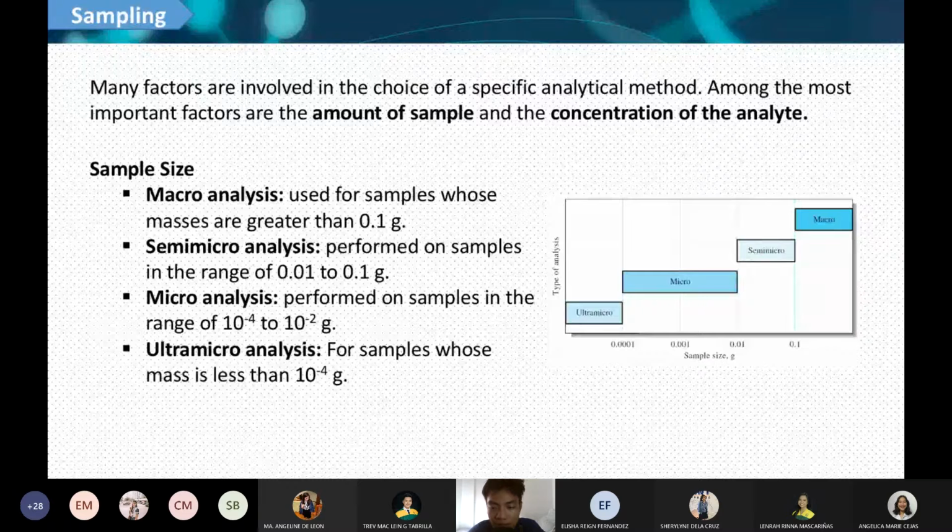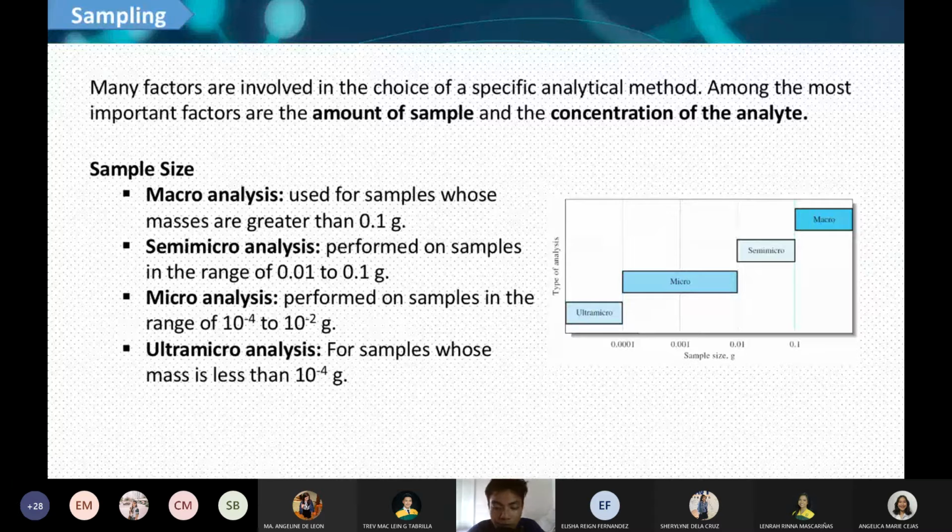However, if our sample size decreases, then we have to adopt much more sensitive techniques. So, hindi nagagana yung gravimetric analysis and yung volumetric analysis. That means you have to use other types of analytical methods in order to resolve your analysis.